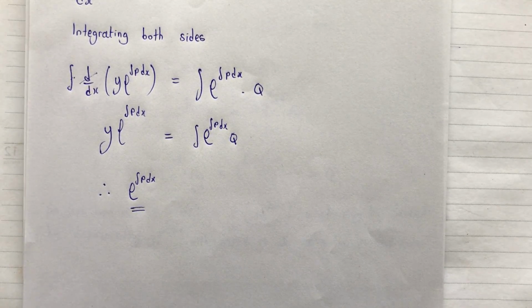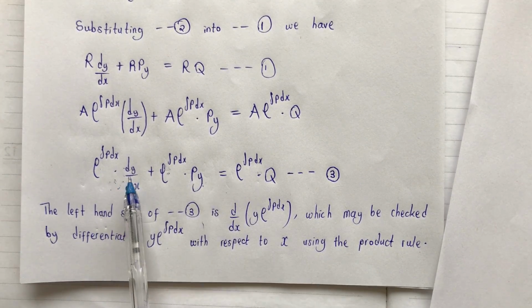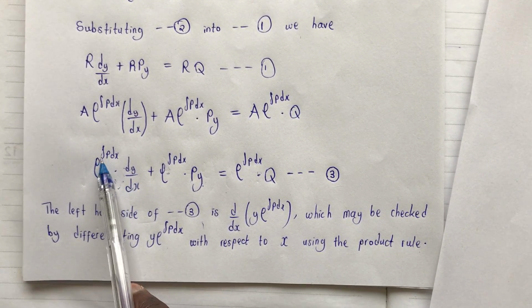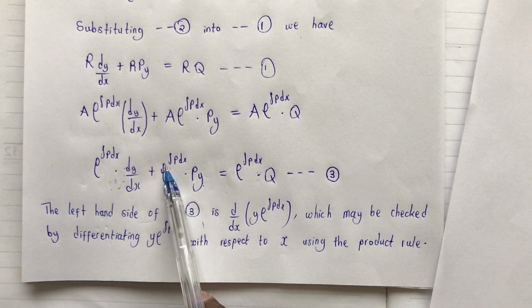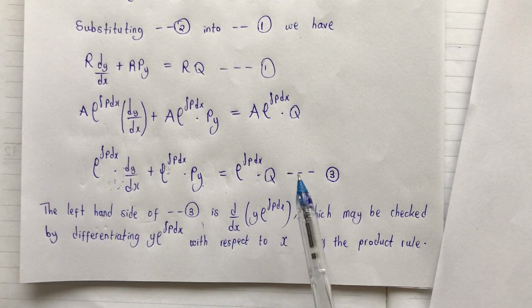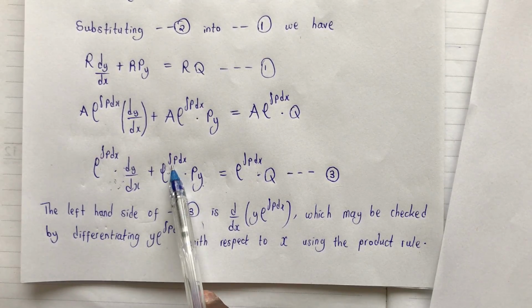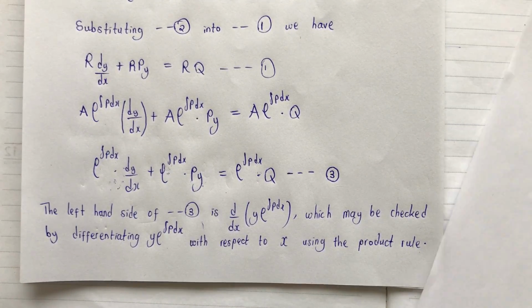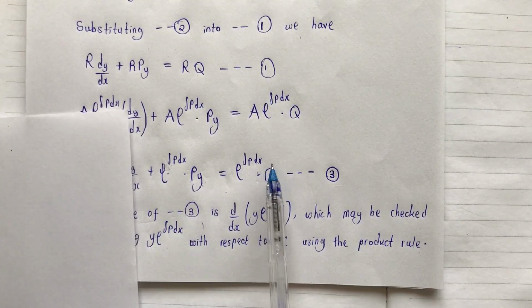The linear first order differential equation method is just saying that after you generate equation 3, where you multiply each side of the equation by the integrating factor, this is the derivative term multiplied by the integrating factor, multiply the function py by the integrating factor, and multiply the last function q by the integrating factor. From there, take the derivative of the variable y and the integrating factor on the left hand side, and equate it to the right side of the equation.